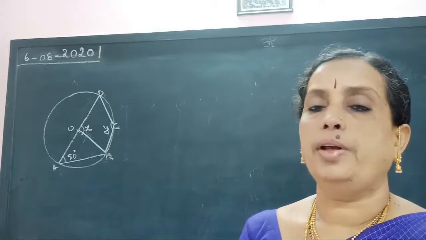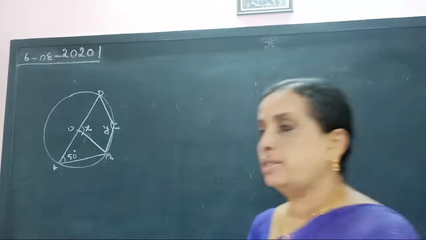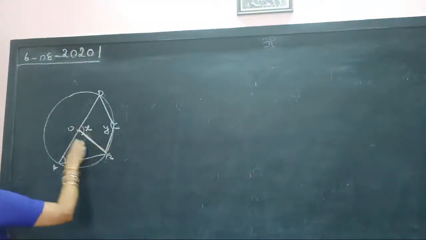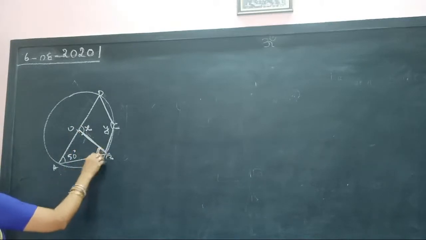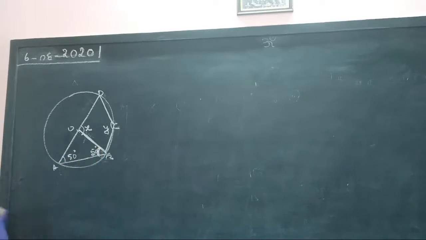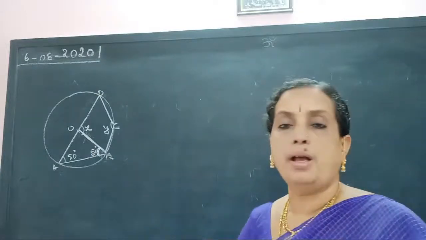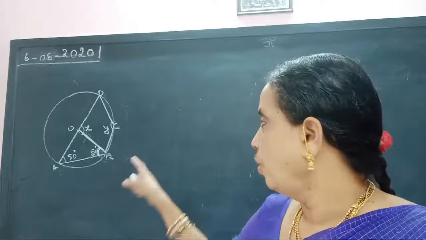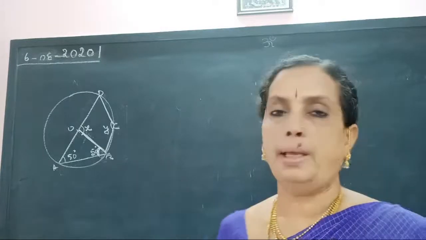They are the radii of the circle. Since they are radii, they are equal. When the sides are equal, the angles opposite to equal sides are also equal. This will become 50 degrees. Since OA and OB are radii of a circle, angle OAB equals angle OBA.